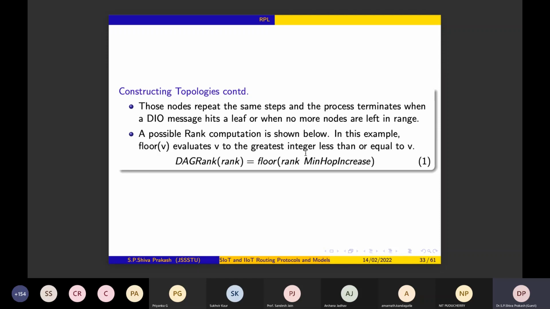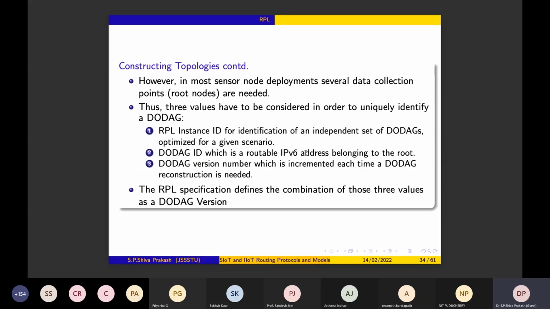So, for example, to calculate the possible rank, the floor of v evaluates to the greatest integer less than or equal to v, floor of rank of minimum hop increase. However, in most sensor node deployments, several data collection points are needed.